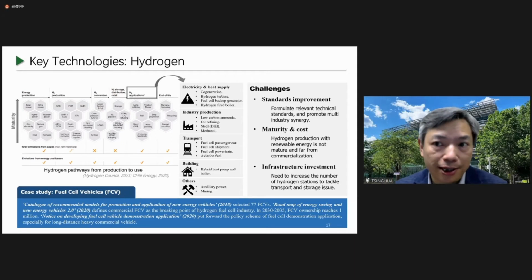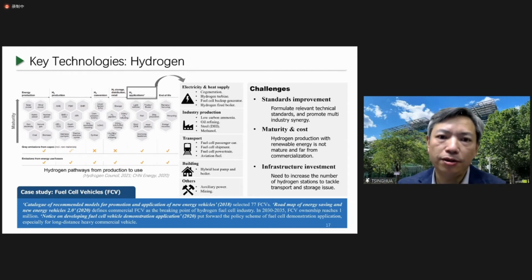There are a broad range of hydrogen applications. In the electricity sector, hydrogen-based fuels can provide an important low-carbon energy source for power generation, simply through retrofitting existing gas-fired capacity to co-fire with hydrogen.